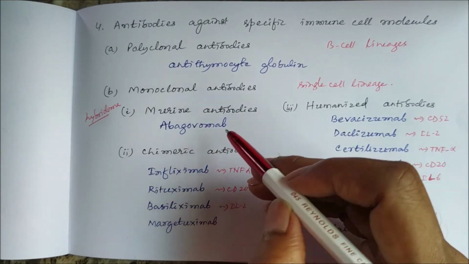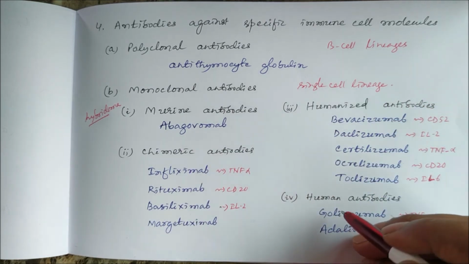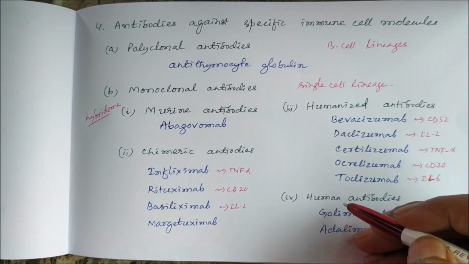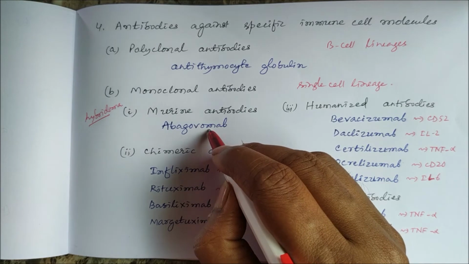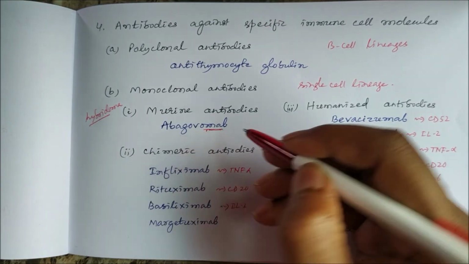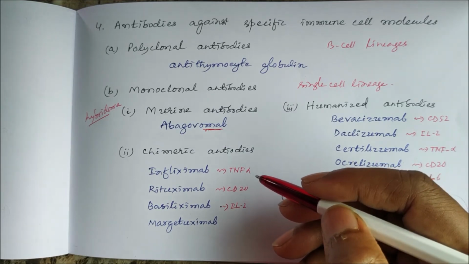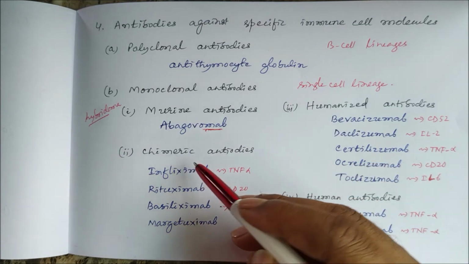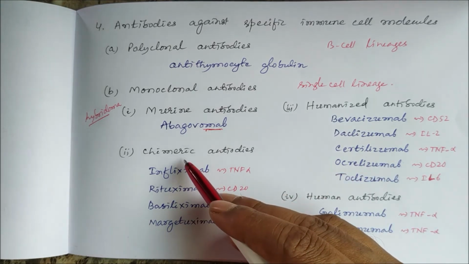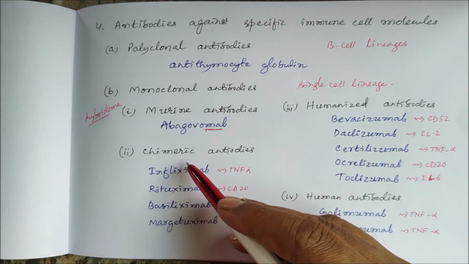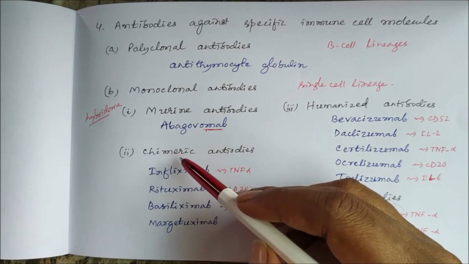And four major monoclonal antibody types have been developed. They are murine, chimeric, humanized, and human antibodies. The initial therapeutic antibodies were murine antibodies, and they were represented by the suffix OMAB. The murine antibodies were prepared by hybridoma technology, and then were replaced by the chimeric antibodies.